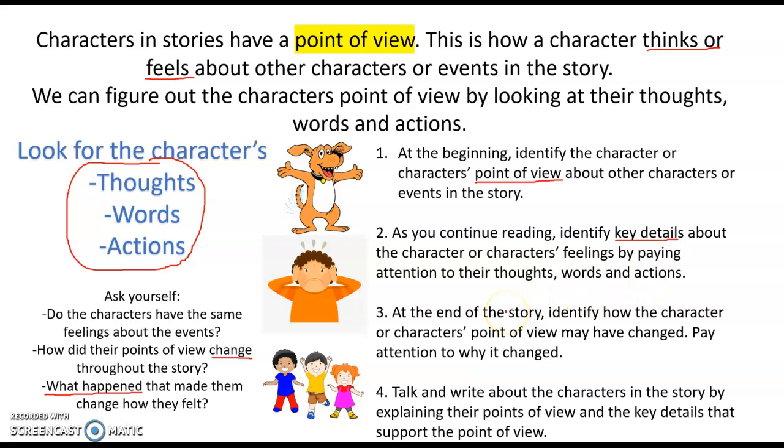At the end of the story, we'll identify how the character or characters' points of view may have changed. And we're going to pay attention to why it changed. On Thursday, you'll be talking and writing about how the characters in the point of view changed.